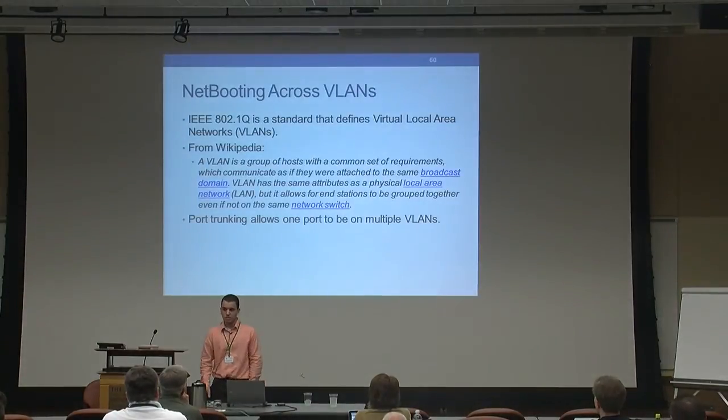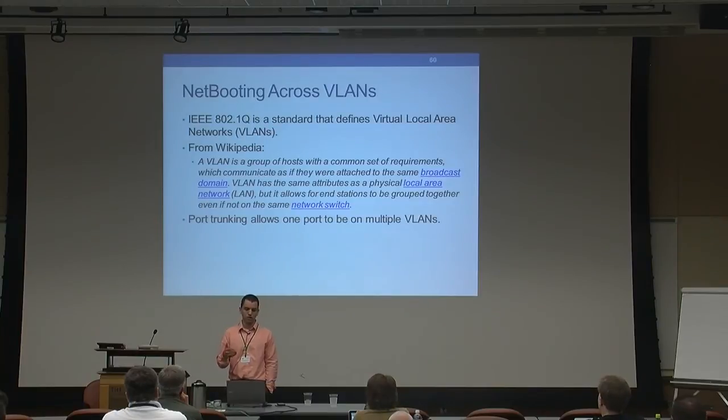All right, so this is something that was pretty interesting when I heard about it, especially if you have a Mac Mini that only has that one NIC on it. VLANs, if you're not familiar, are virtual local area networks, defined by the 802.1Q standard. I took this from Wikipedia because it seemed simple enough to use here.